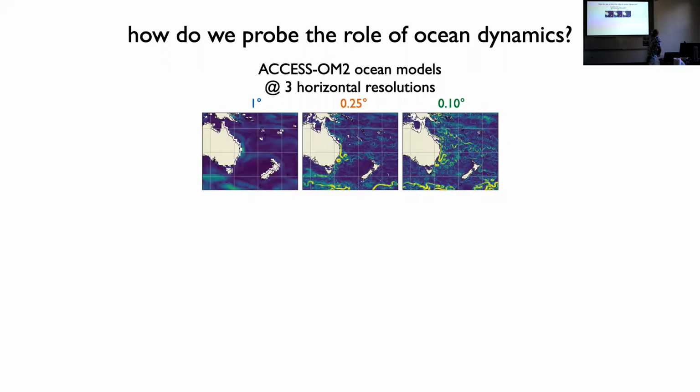So how do we do that? We have an ocean model at three different resolutions with very different features, as I have discussed, and so we can compare the upper ocean heat content of these three models and see, if you resolve much finer scales of motion, whether you see different patterns of variability, and thus you can infer that the ocean affects the atmosphere differently.